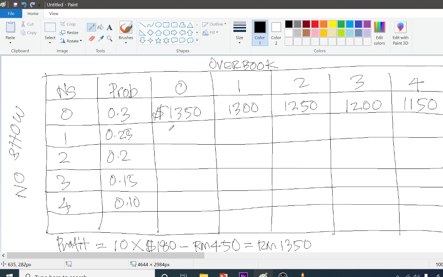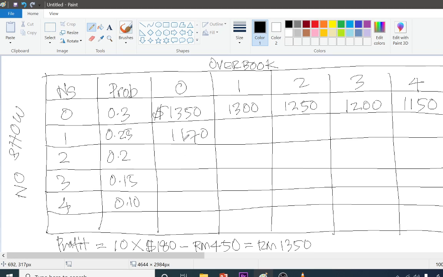Okay, so if there is one no-show, the company has to lose a ticket, which is costing 180 per seat, because one booking, but actually the passenger doesn't come to take the flight. So basically 1350, you have to minus 180. So this will become 1170.